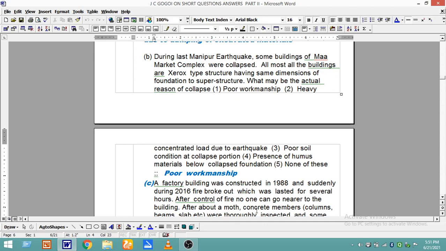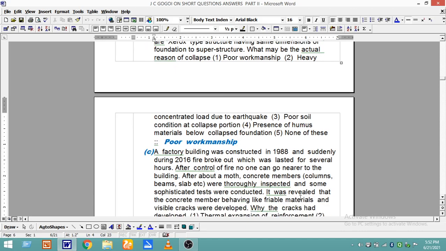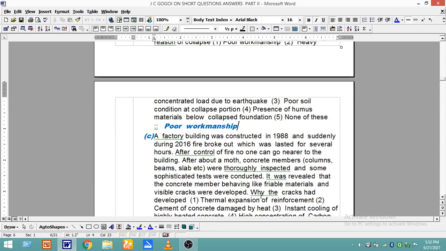After about a month, concrete members, columns, beams, slabs were thoroughly inspected and some sophisticated tests were conducted. It was revealed that the concrete members were behaving like friable material and visible cracks had developed. Why had these cracks developed?